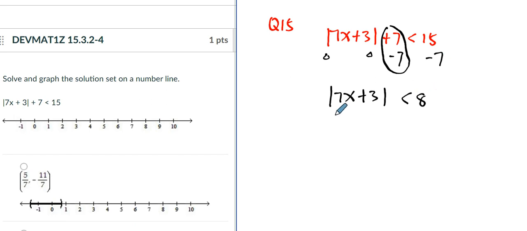And then this is going to be translated to what? Negative 8 less than 7x plus 3, and then less than positive 8. That's the translation. To get rid of this absolute value sign. Okay.